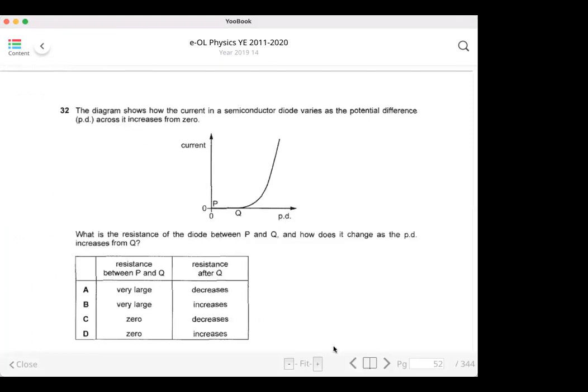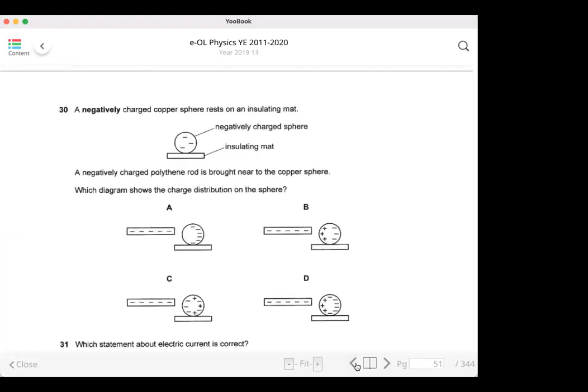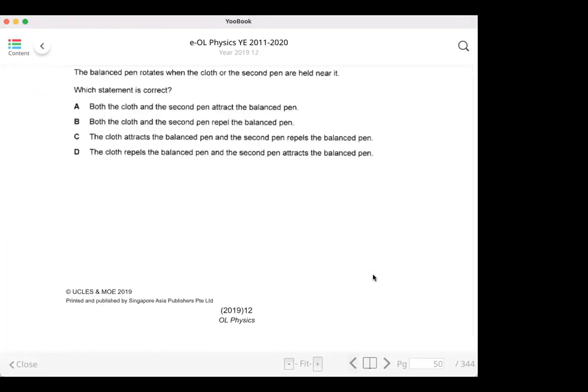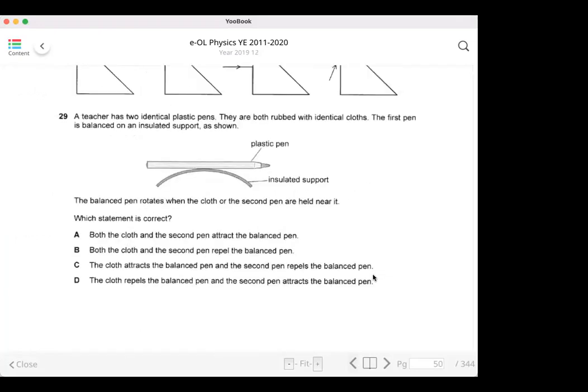Okay, do question 29. Okay, you all may begin.